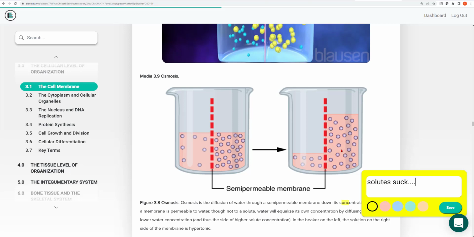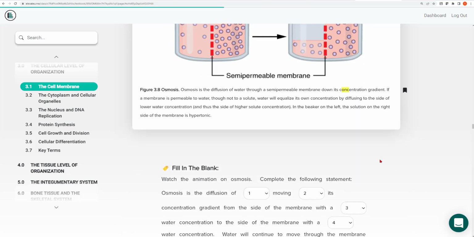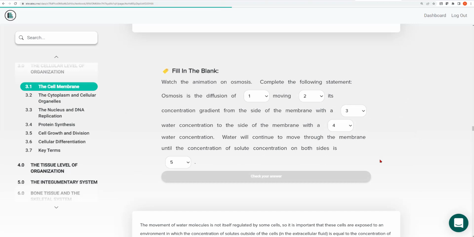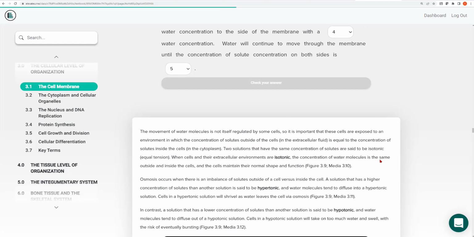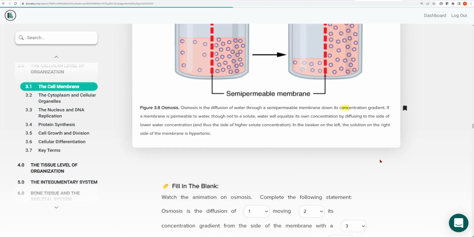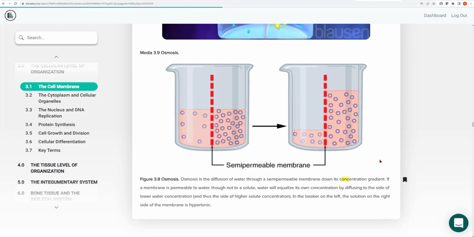It's always going to go to where there's a higher concentration of solutes. So that is osmosis. And osmosis is another example of passive transport. It also does not require energy.